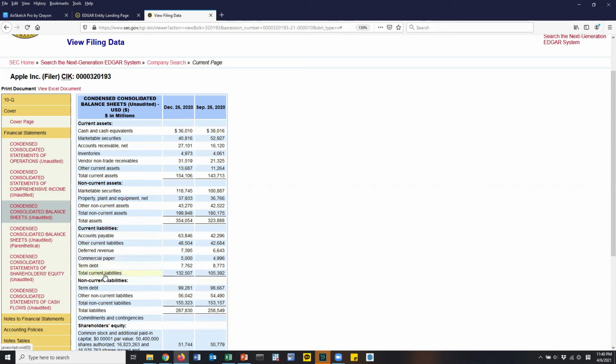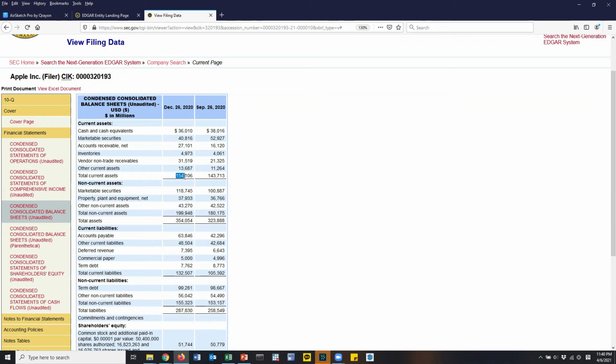The total current liabilities are 132. Again, these are those that you can cash in 1 year, 154. 132 is your liability that you will be asked to pay cash in 1 year. What do you think of Apple's financial status?